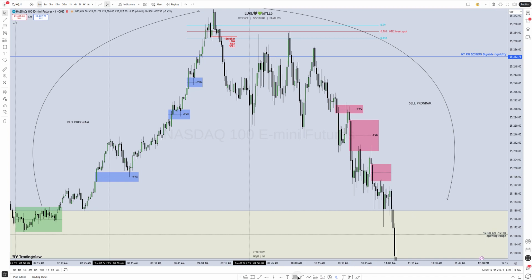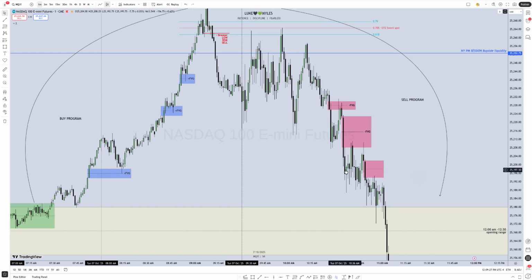As you can see, this candles remaining in the lower half of this, not working in that fair value gap like this one. This is the institutional order flow entry drill right there.